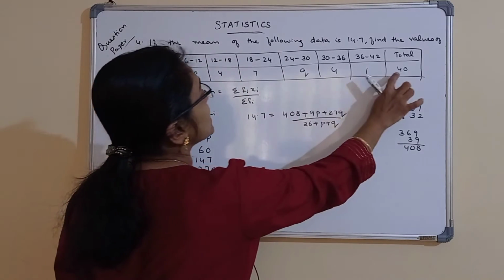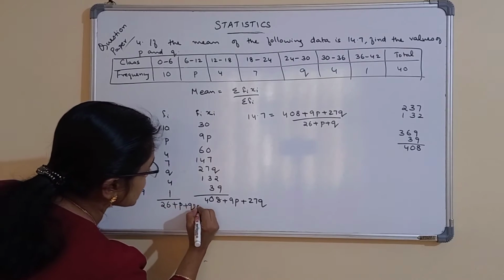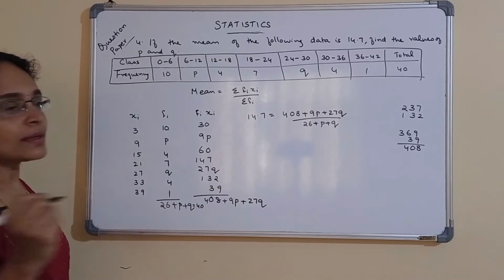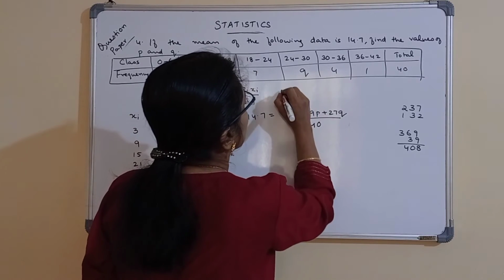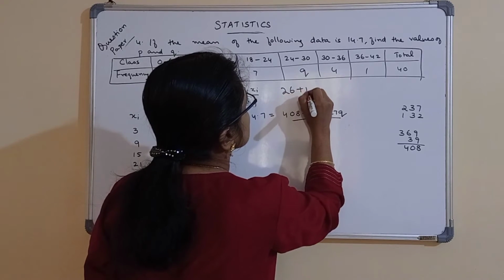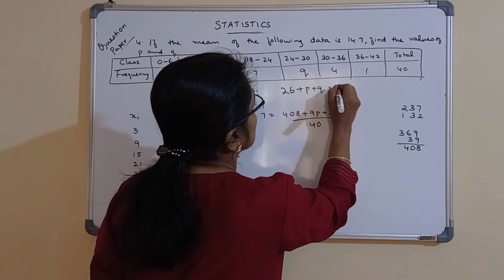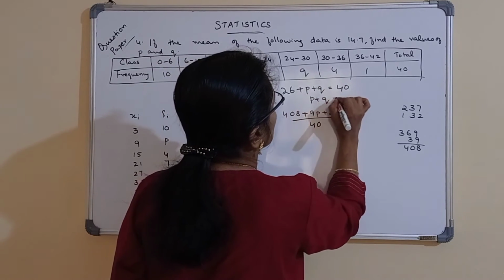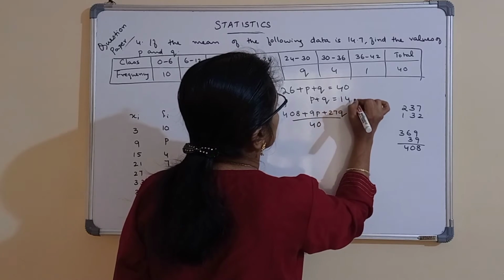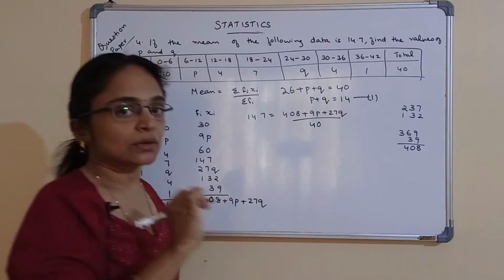And total is given as 40. So we can write 26 plus p plus q is equal to 40, which means p plus q equal to 40 minus 26, which is 14. This is equation 1.